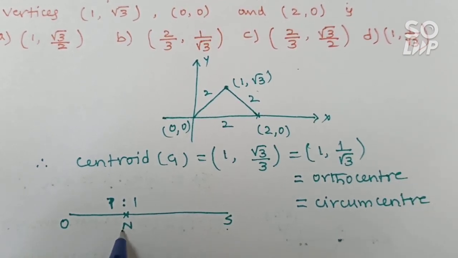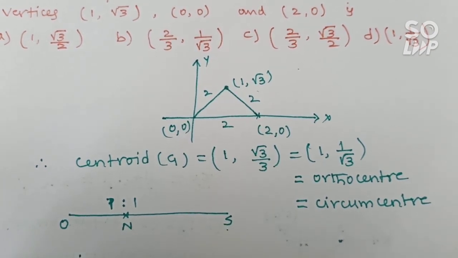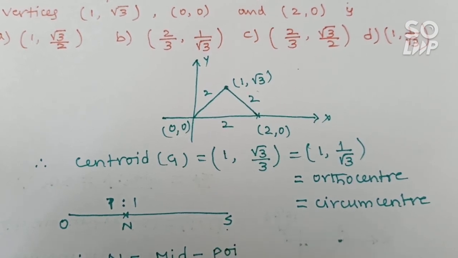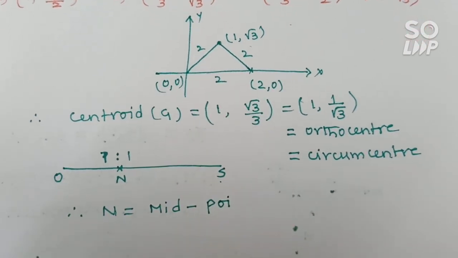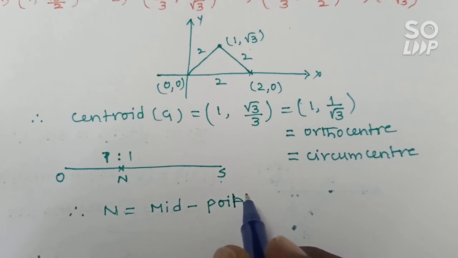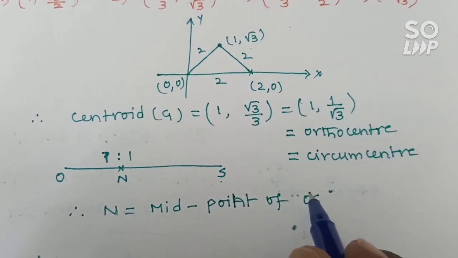So therefore N is equal to the midpoint of OS. What is N? The center of the 9-point circle. N is equal to the midpoint of OS, right?